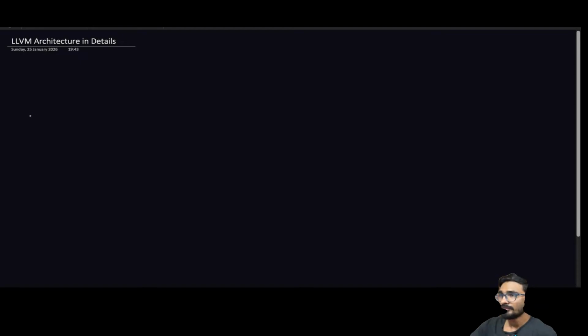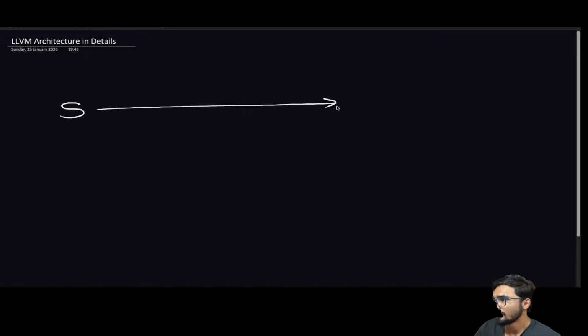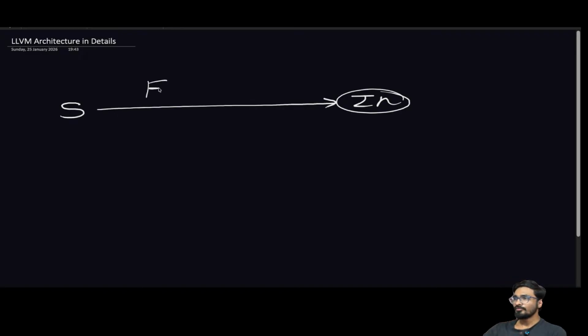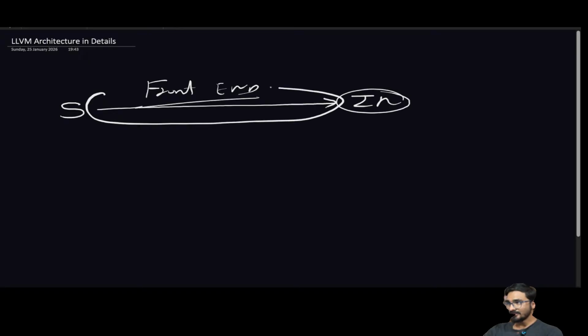So what we have seen is that in front end, from source code, we are getting IR. This is the role of front end. From the source code, we are generating what? IR. So how this IR is getting generated, that's the complete working of the front end.